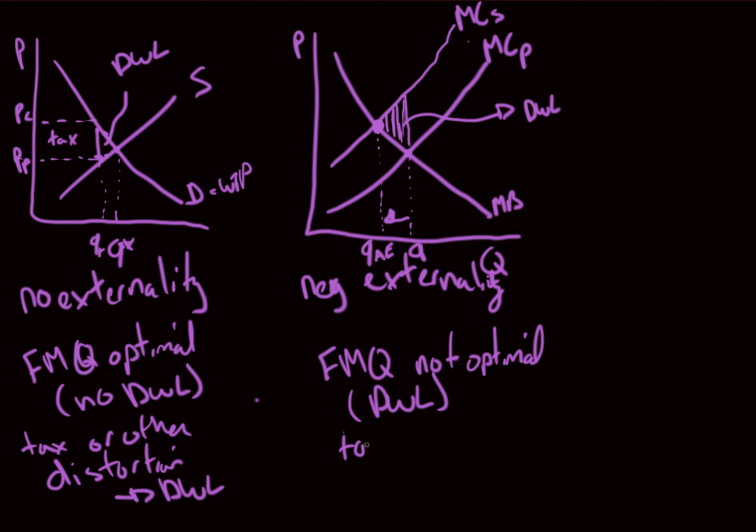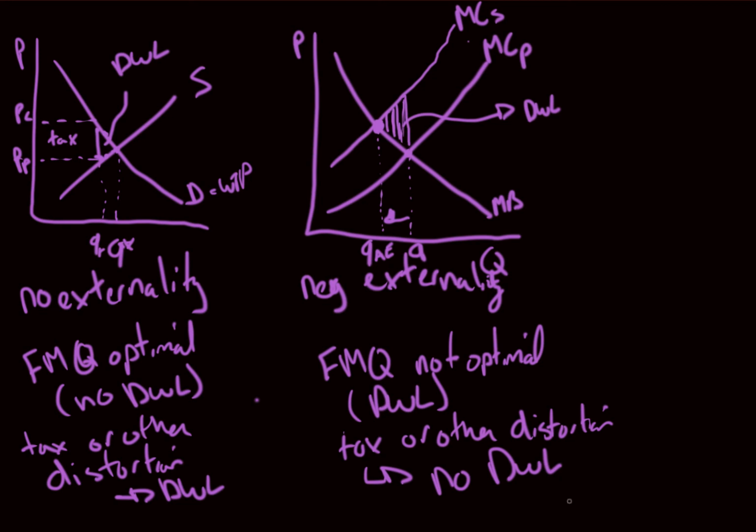But a tax for a negative externality, or a subsidy for a positive externality, or other distortion, if done appropriately, and you have to have the exact amount, leads to a reduction of the deadweight loss or no more deadweight loss. So if we had to choose what goods to tax for society, and we wanted to make things as optimal as possible, we wouldn't tax anything that has no externality associated to it.